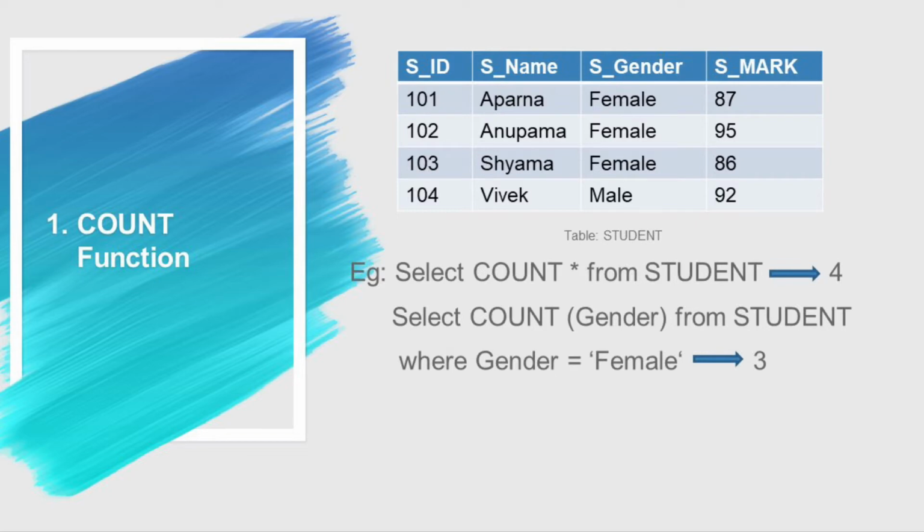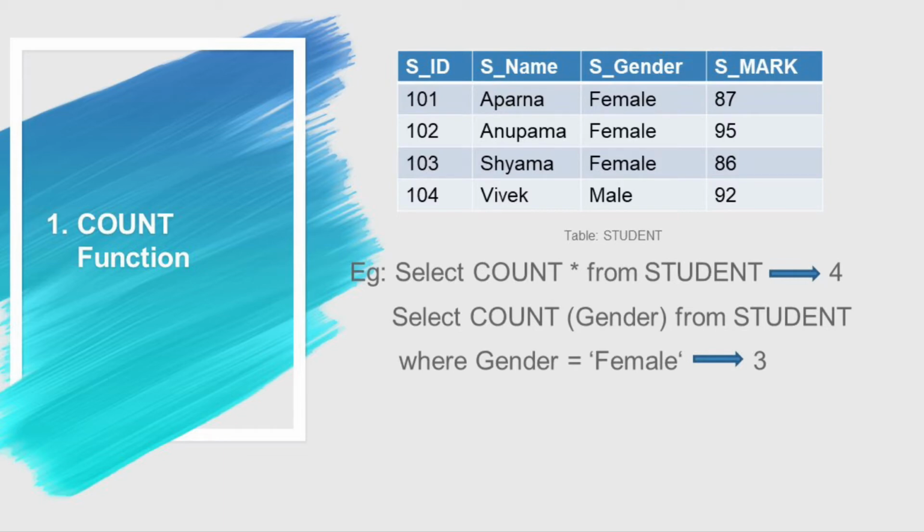Consider a table student with 4 attributes: student ID, student name, student gender and student mark. Here we have only 4 records in this particular relation. Here we are applying the count star function. Count star function will result in 4, that is the total number of records in a particular relation.